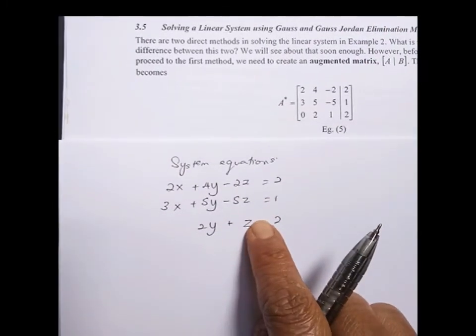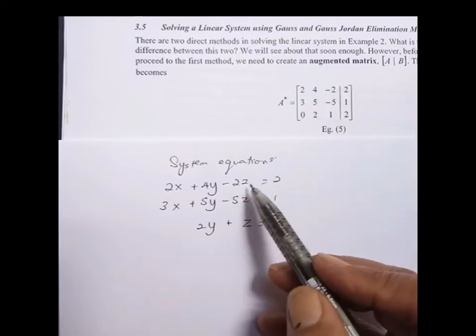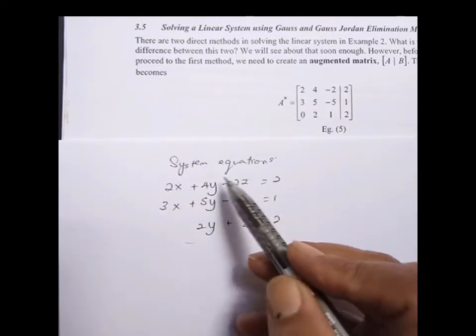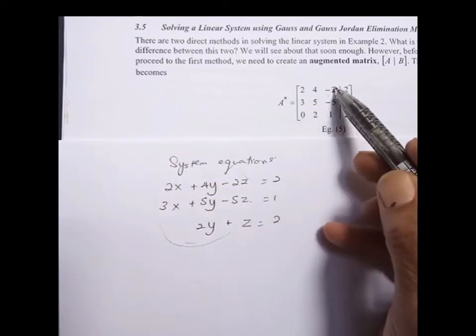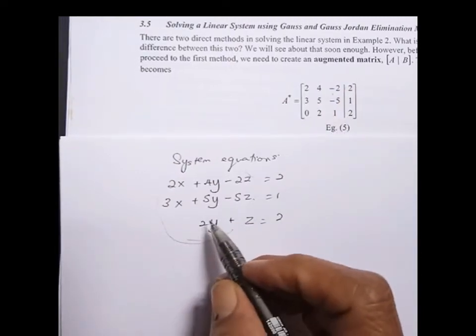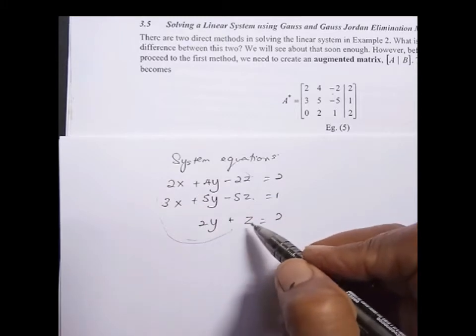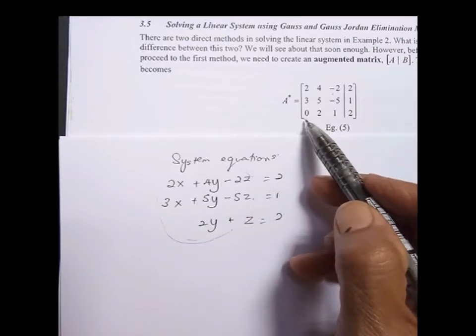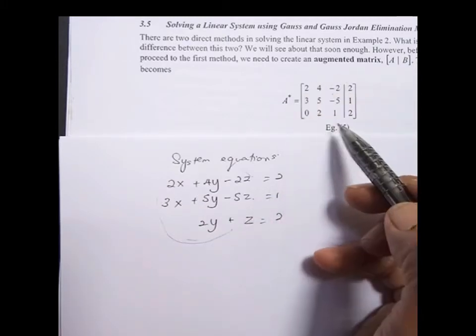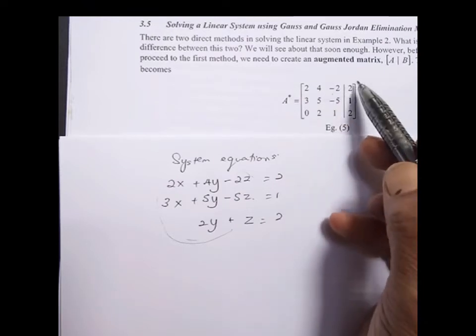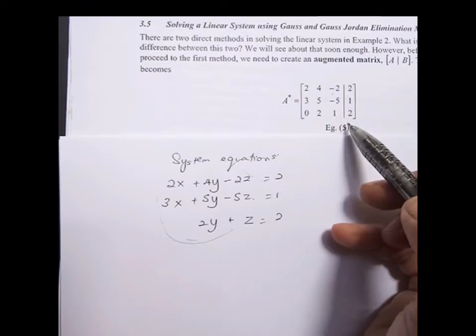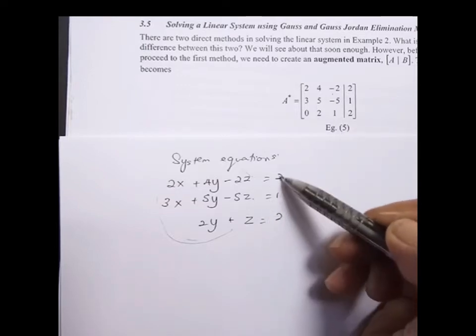So this is the coefficient for this given system of equations. For coefficient matrix, so this is the coefficient matrix. We form augmented matrix, meaning that we have to transform the system of equations into this type of matrix, and this is called augmented matrix, where the last column is the right hand side value.